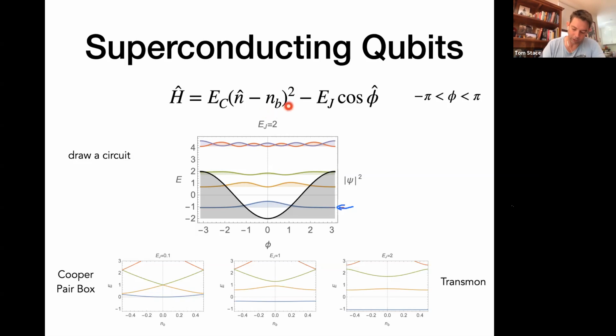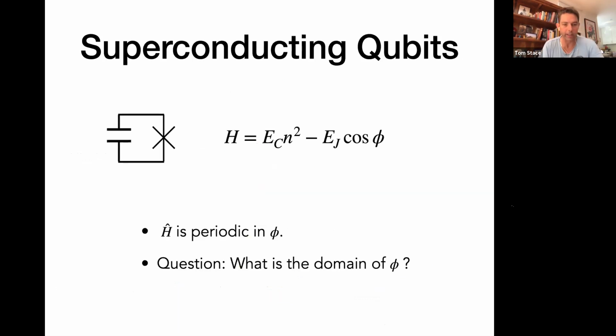There's a parameter that I haven't talked about yet, NB, which is a bias charge. So that's a parameter that typically is thought of in the context of this circuit as an external voltage that might be attached to here. So some sort of bias voltage attached via some capacitance. I haven't drawn that very well.